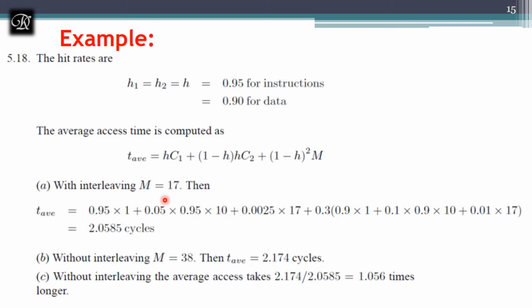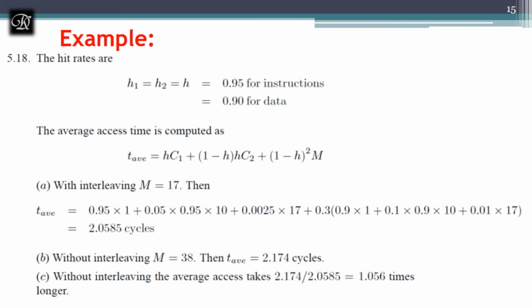With interleaving, we calculated in the previous discussion 17 clock cycles. Without interleaving, we calculated 38 clock cycles. So we substitute the values, and we get 2.0585 cycles for the same data.